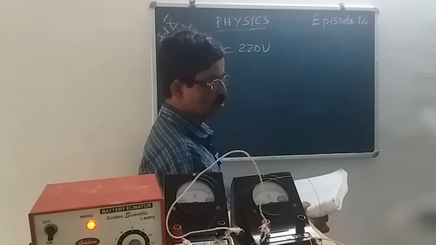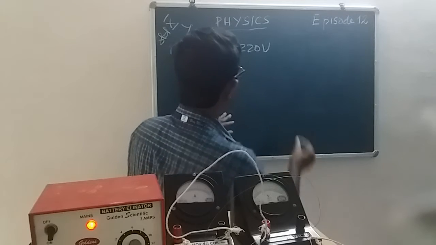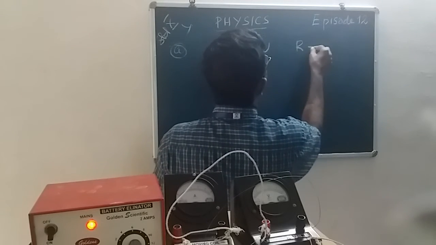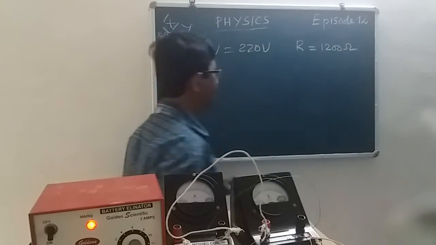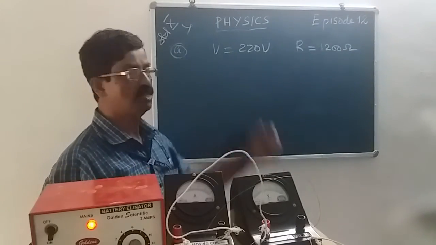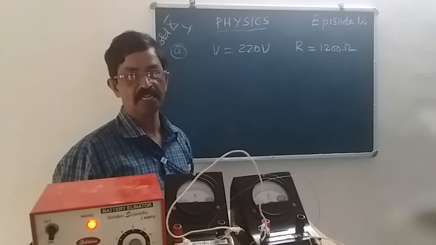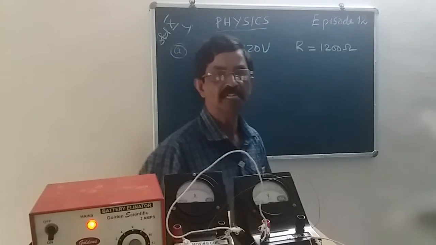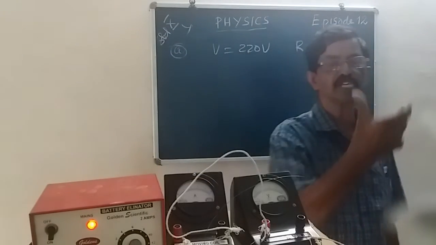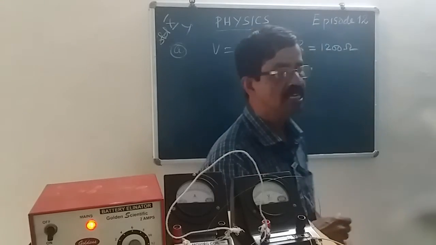If the resistance of the bulb is 1200 ohm, resistance is the letter R, 1200 ohm. Potential difference is given, 220 volt. Resistance is also given. We want to find out the current. How much current can it draw? Drawn means it can use.